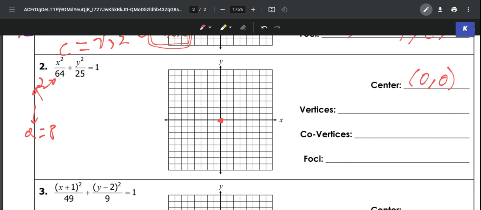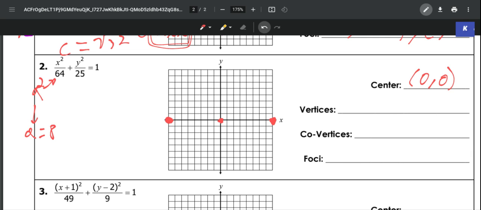So I'm going to add and subtract 8 from the center. And this 64, the larger denominator, is under my x squared. So that means I'm going to go 8 units to the right of the center. So 1, 2, 3, 4, 5, 6, 7, 8. And then I'm going to go 8 units to the left.